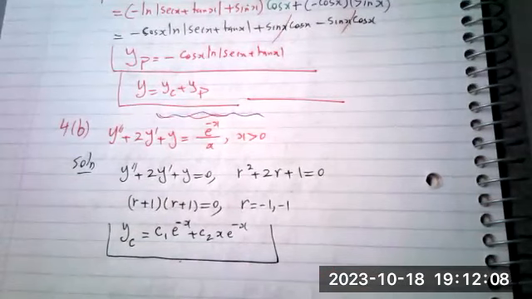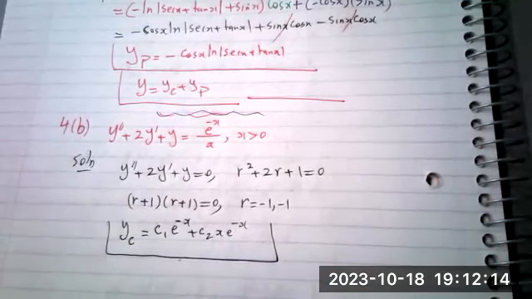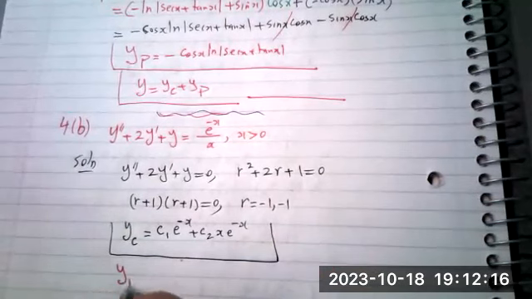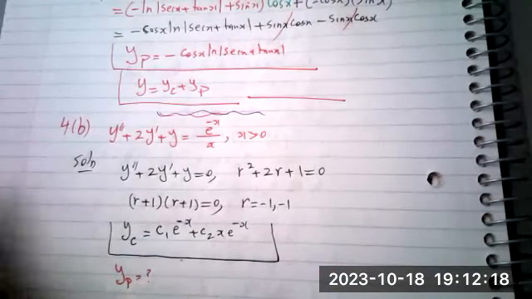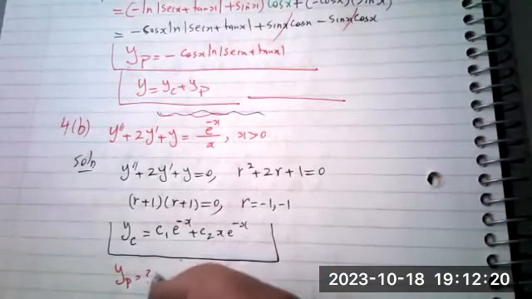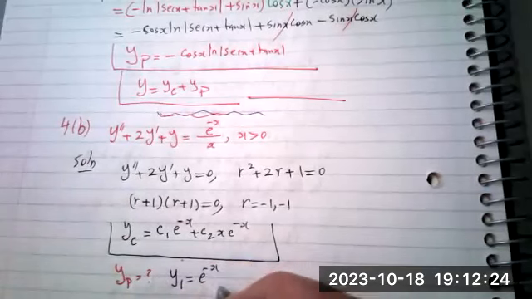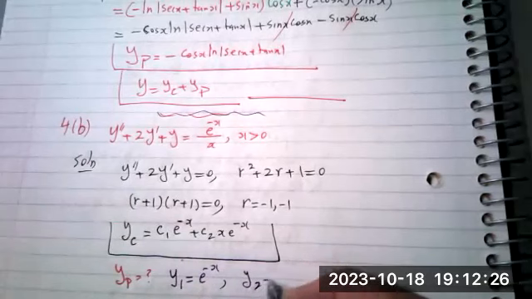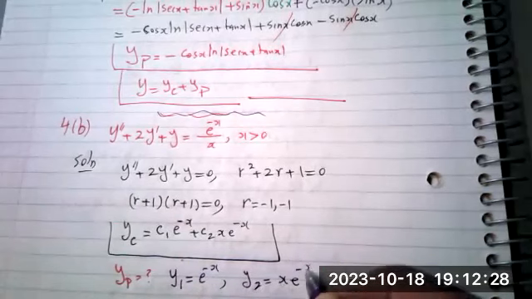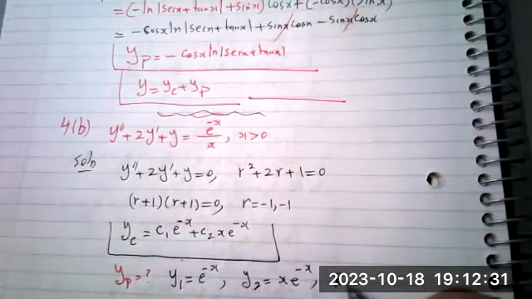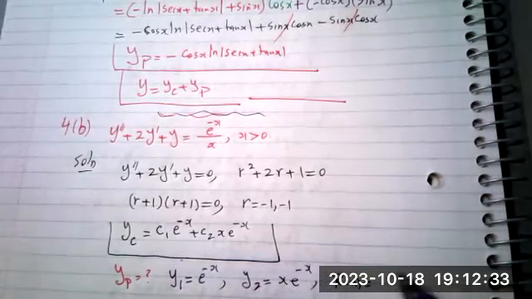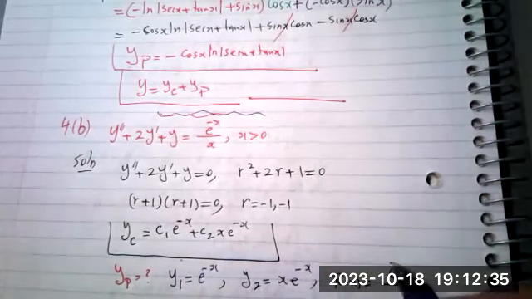Okay, you want to find the yp with the method of variation of parameters. A yp is missing, so you have to introduce your y1, y2. We take y1 to be equal to e to the negative x, y2 to be equal to x e to the negative x, and R(x) is e to the negative x over x.